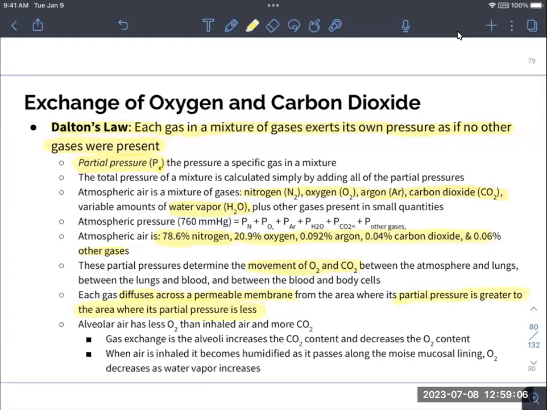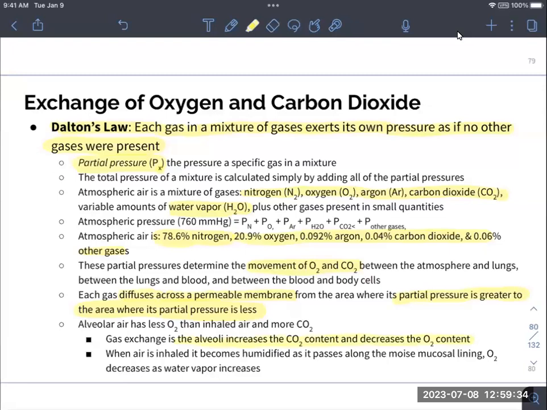So that alveolar air usually has less oxygen than inhaled air, and it has more carbon dioxide. So when gases are exchanged, those alveoli increase the carbon dioxide and decrease the oxygen, because that oxygen diffuses toward the blood.